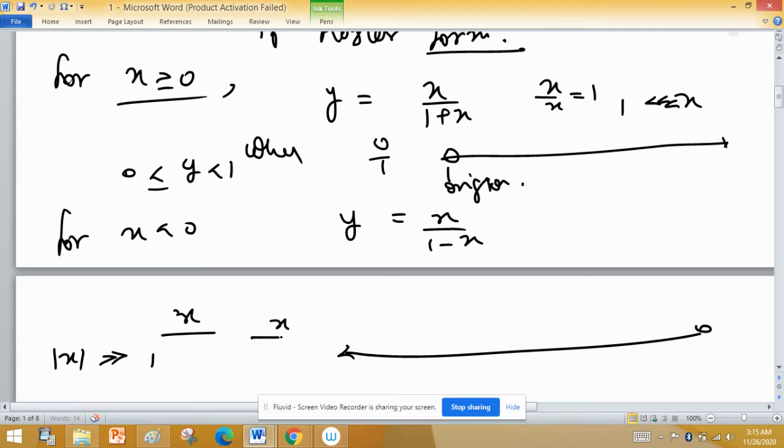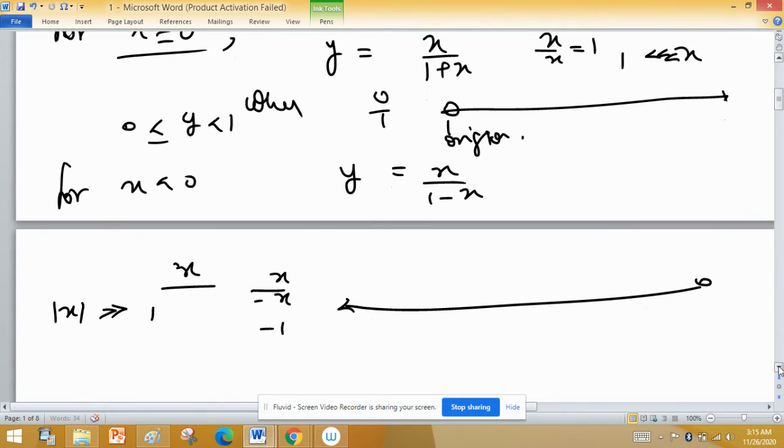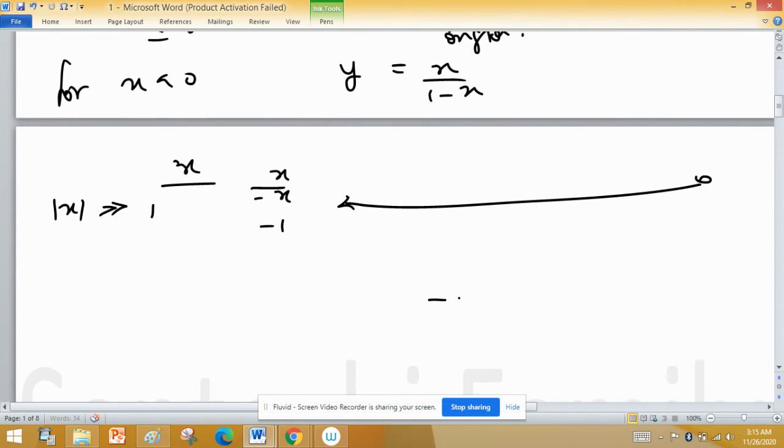Then x upon minus x will be negative 1, so it is left bounded by minus 1, and when you are closer to 0, then 0 upon something will be 0, so it is right bounded by 0. So y is right bounded by 0 and left bounded by minus 1.